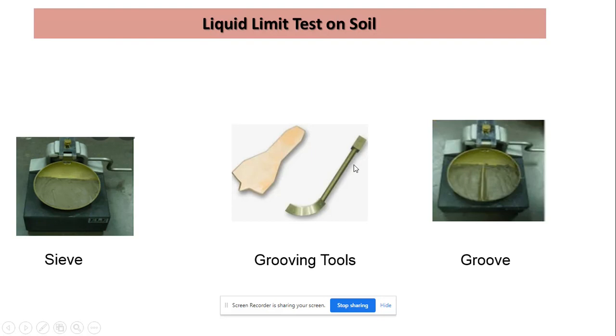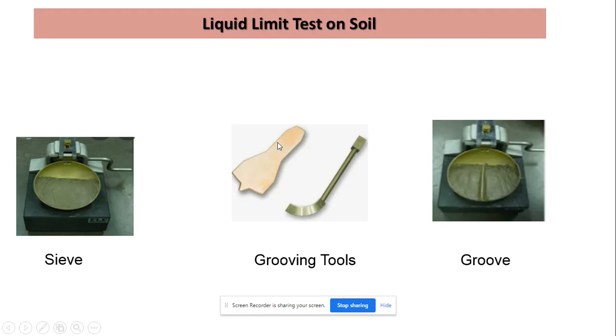Otherwise, this one in silver color is used for fine sands. This is known as the ASTM tool. So in case of fine sand we will use this tool, and in case of silt and clay we will be using the one known as the Casagrande grooving tool.